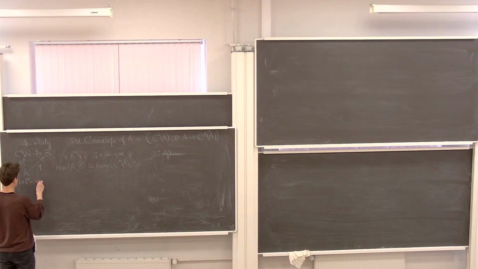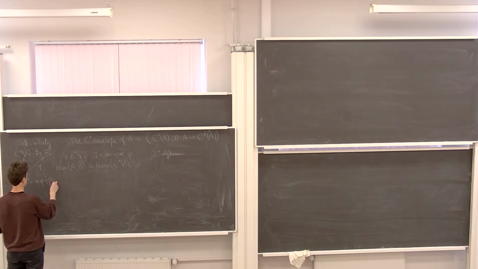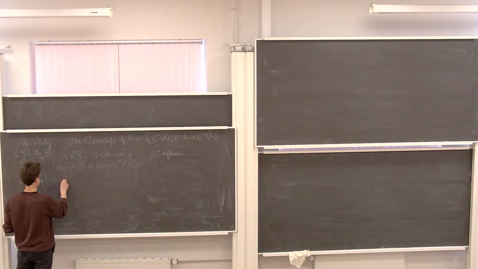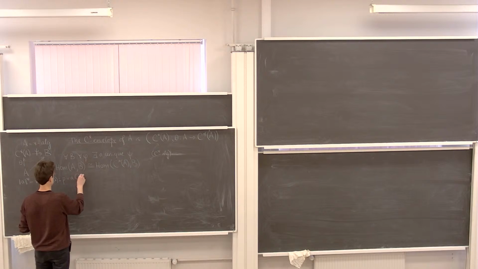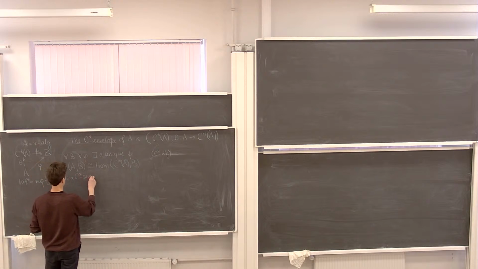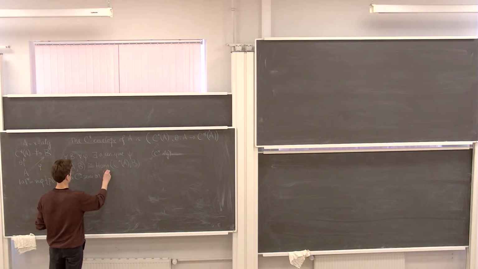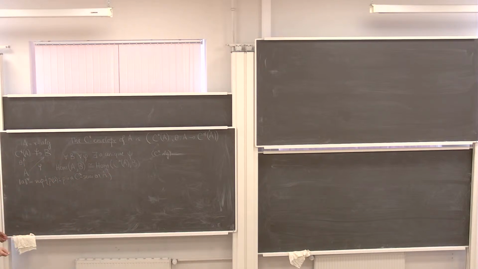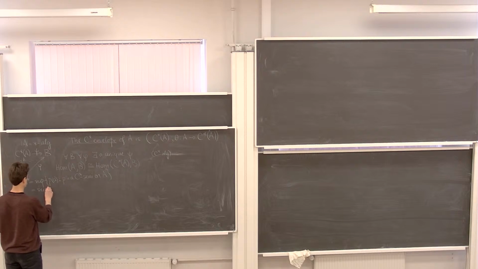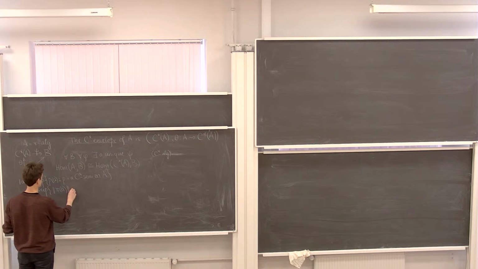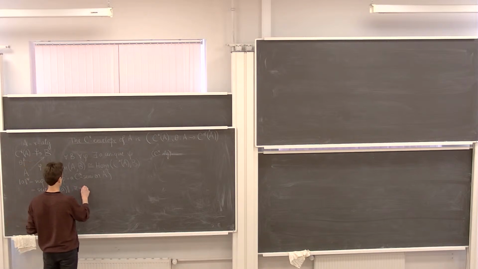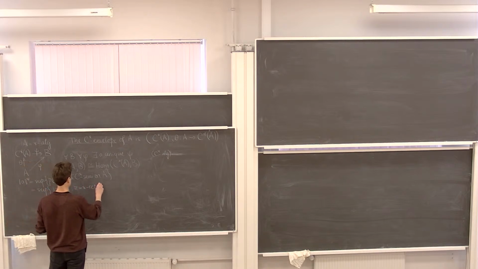This is the supremum of p of a, where p runs over the class of all C-star seminorms on A. Or equivalently, we can consider all star representations of A and take the supremum over the norms of pi of a, where pi runs over all star representations of A.